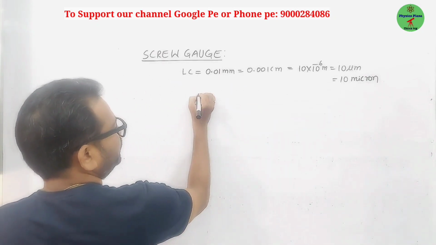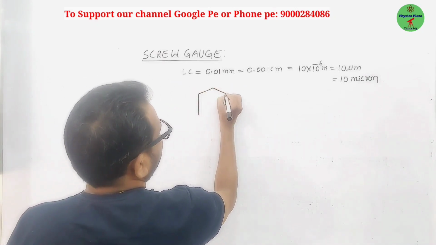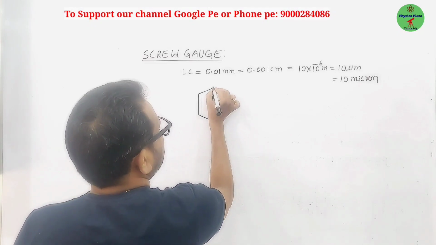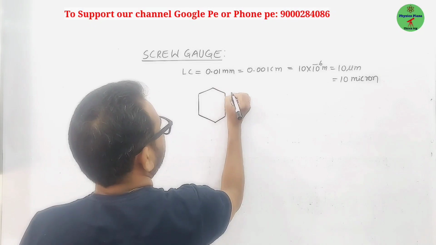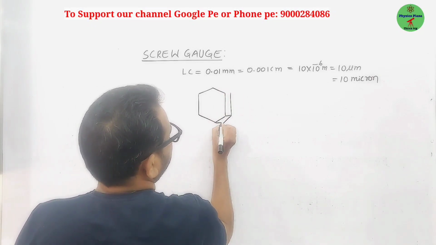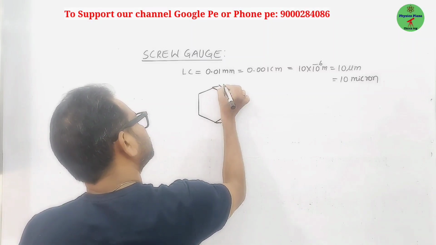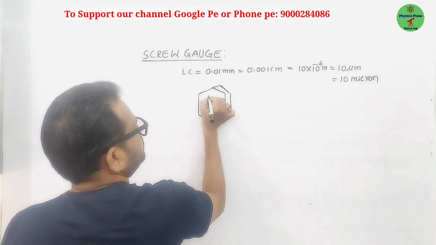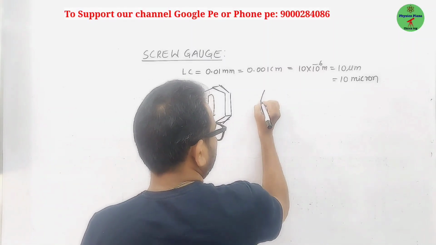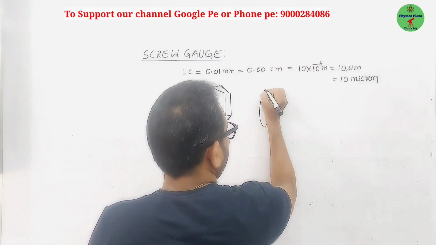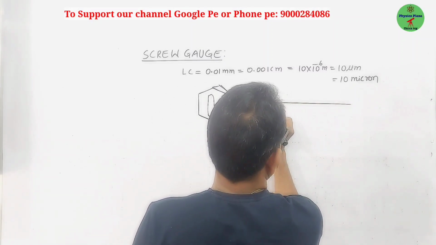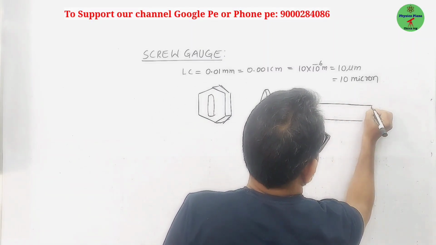So children, we know that it is like some 3D type. Let me try something. It's like a screw, and it will be like this. It's a nut. Now, screw means here is a screw, right?